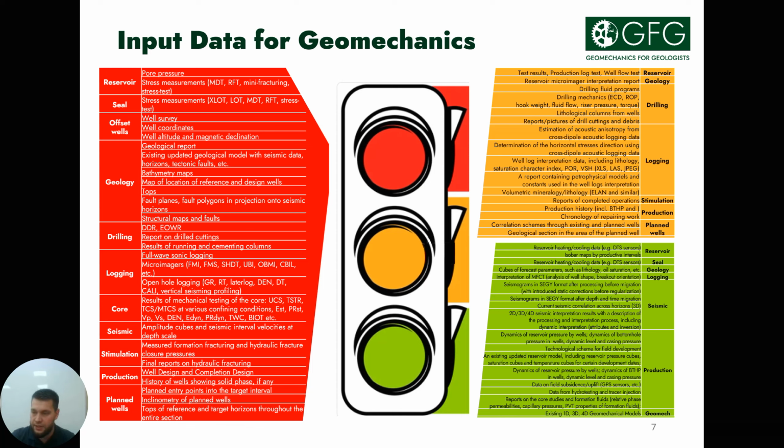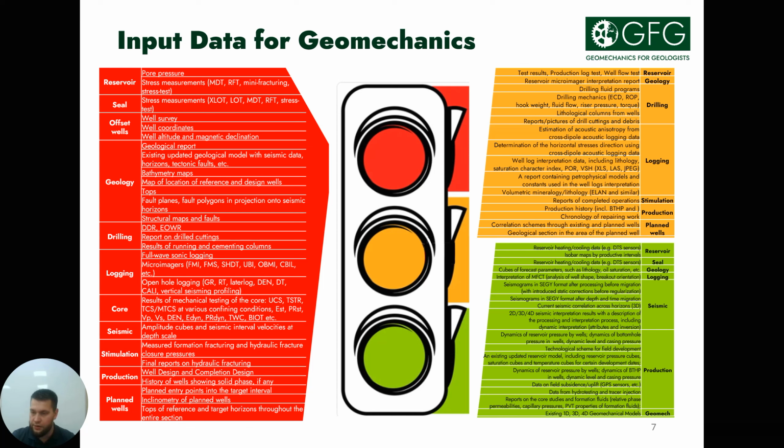So the red data categories refer to reservoir and seal information, in particular stresses and pore pressures measurement data. In addition, the necessary data are other results of core studies, daily drilling events, end of well reports, special well logging complex including acoustic, density, gamma, caliper, and other logging methods.